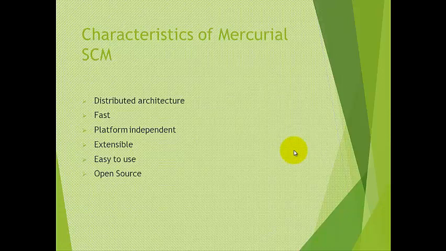So let's know what are the various characteristics of Mercurial SCM. It is a distributed architecture, so it gives each developer a local copy of the entire development history. This way, it works independent of network access or a central server, and it's fast.